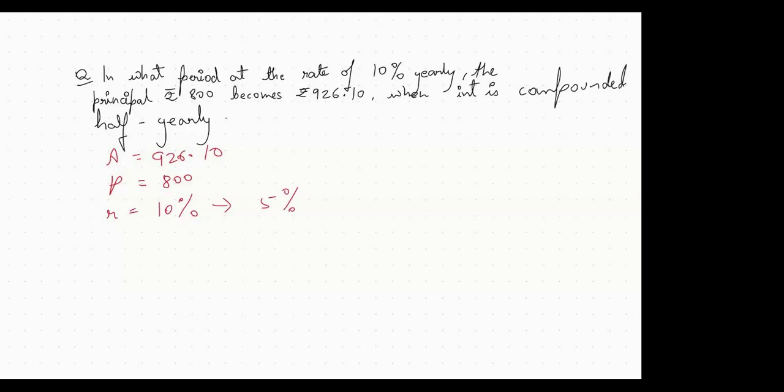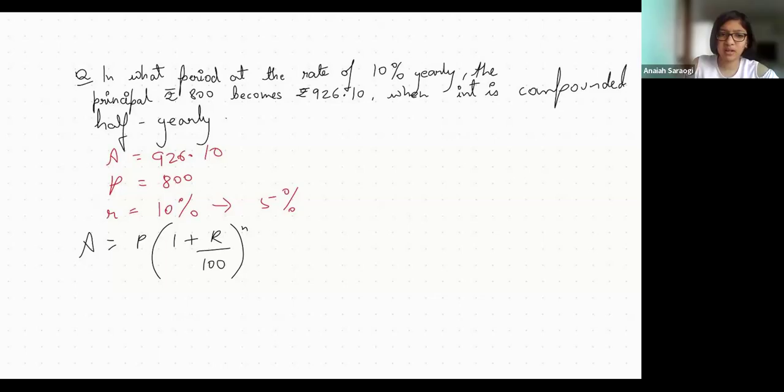So the amount formula we are going to use goes like this: principal into 1 plus r by 2 by 100, raised to the power 2n. Because n we don't know.